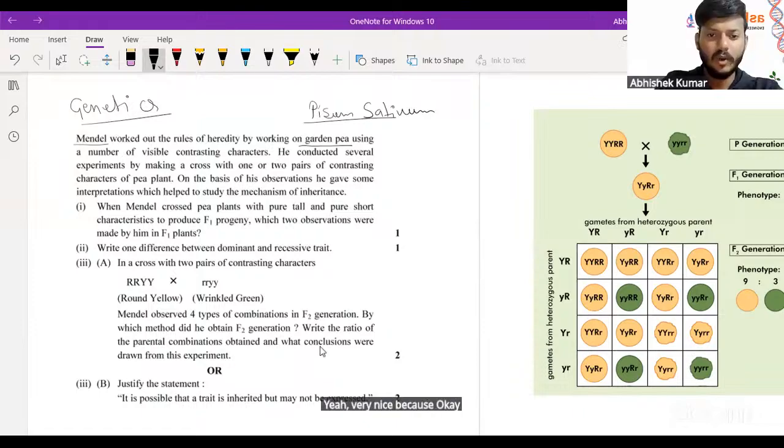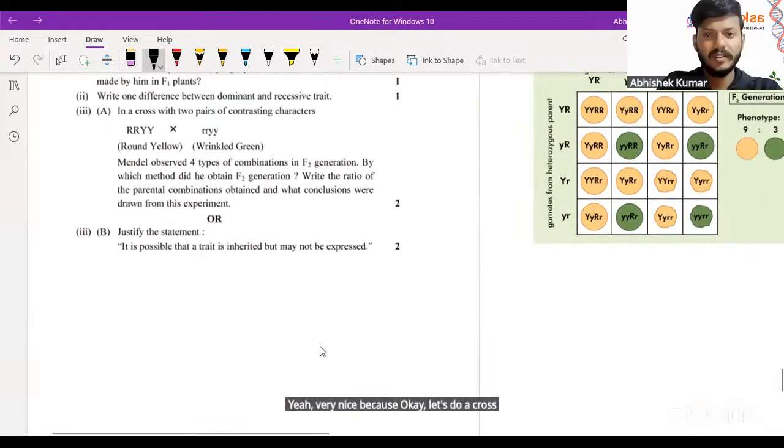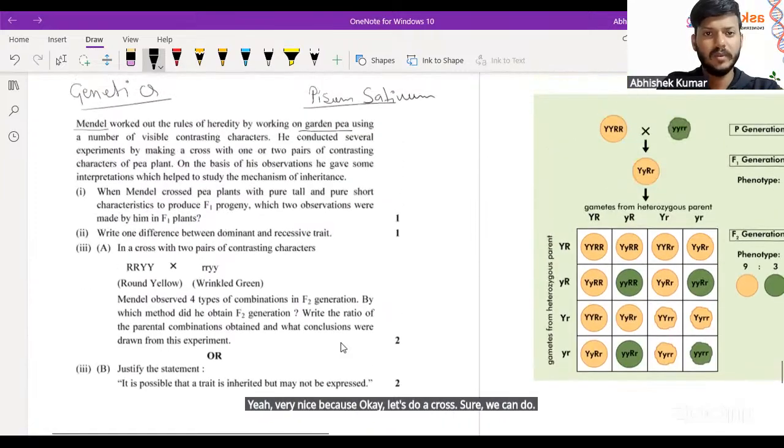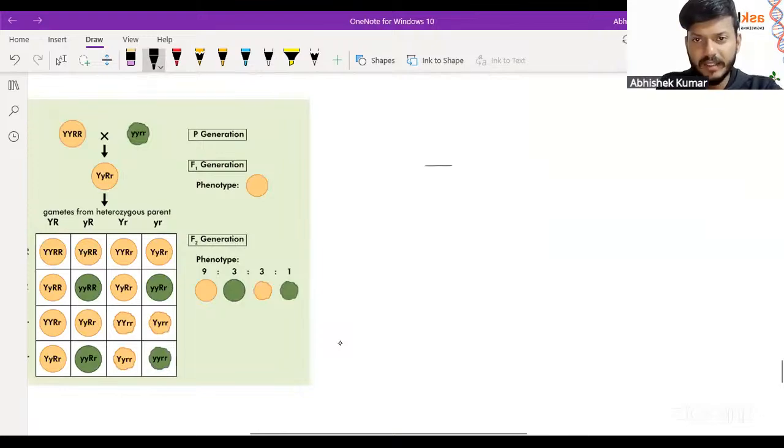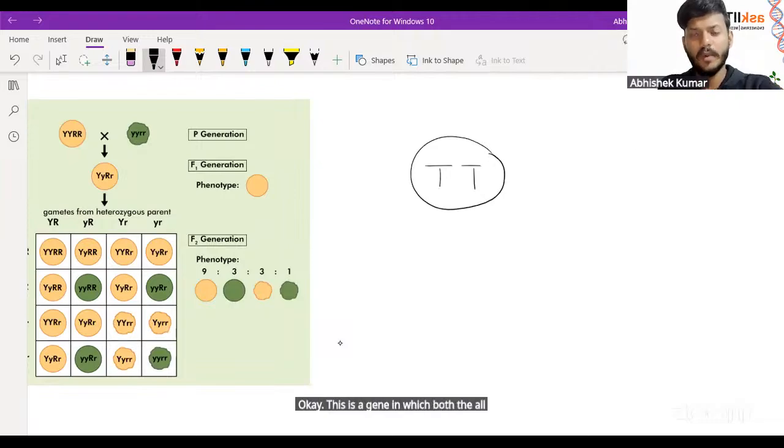Okay, let's do a cross. Here we can do it, right? This is a gene in which both the alleles are dominant, right? And I'm taking another plant in which both the alleles are recessive.